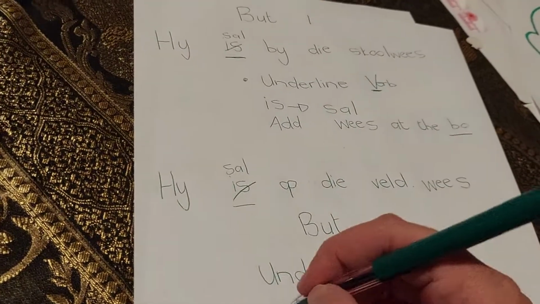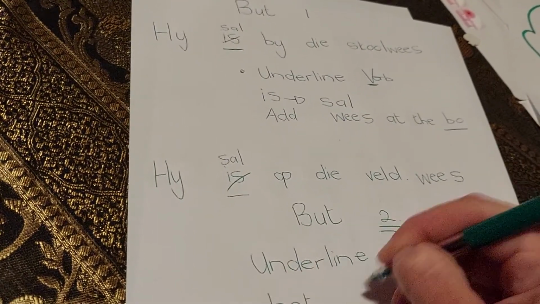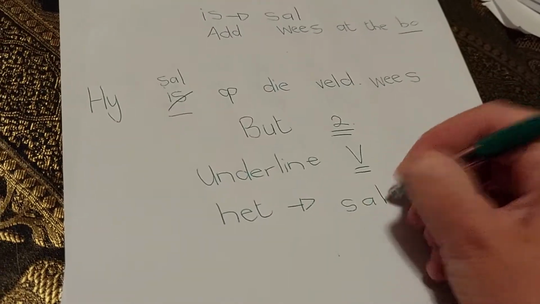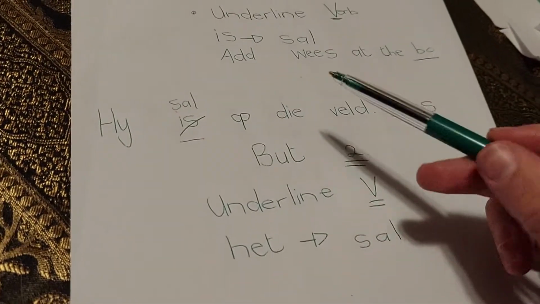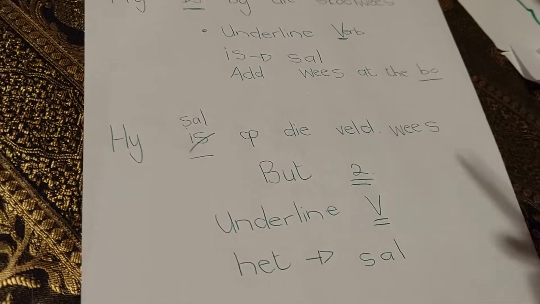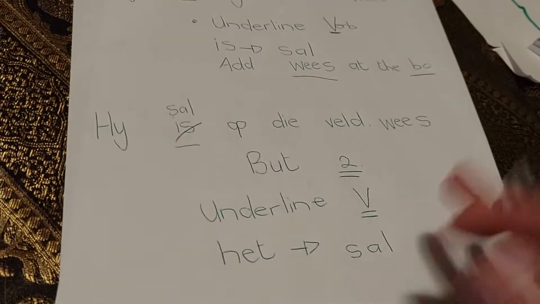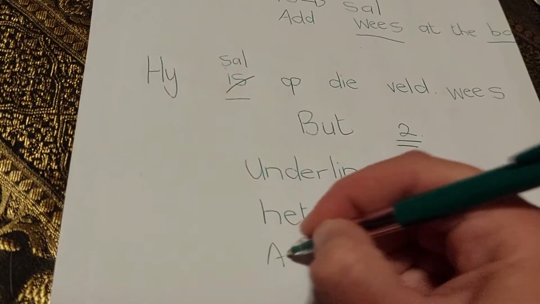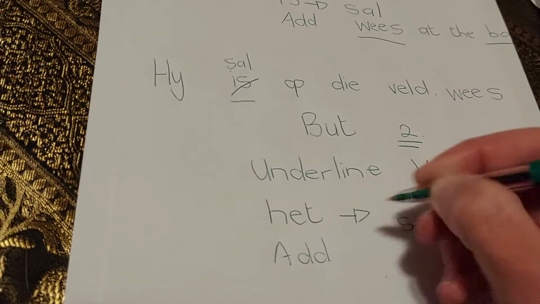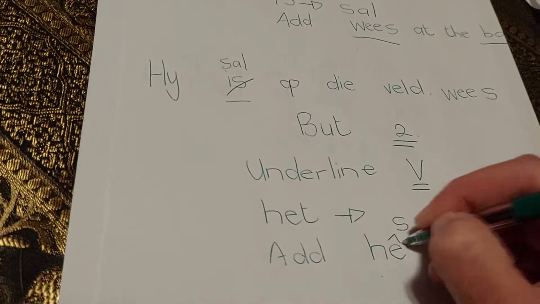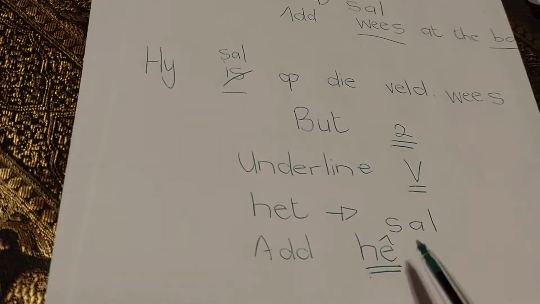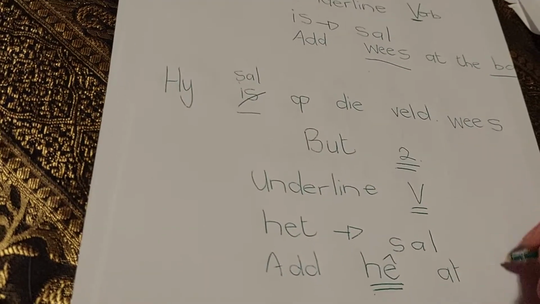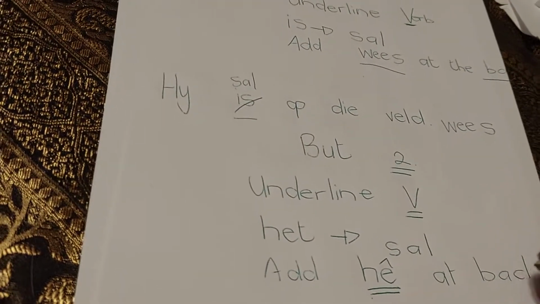If your verb is het, it changes to sal, and then instead of adding a vs at the back, you add a hê at the back. Make sure that you add the copy on the e. You add a hê at the back.